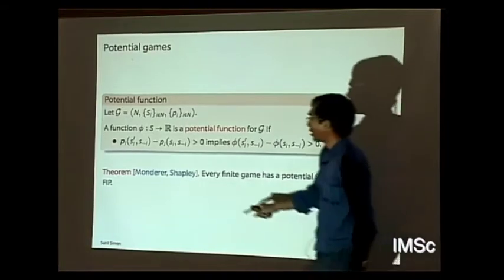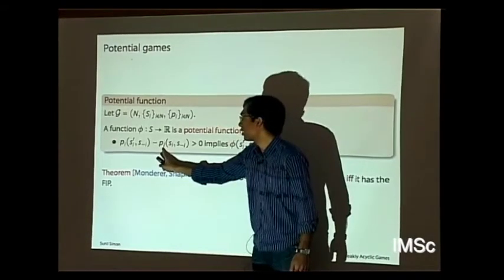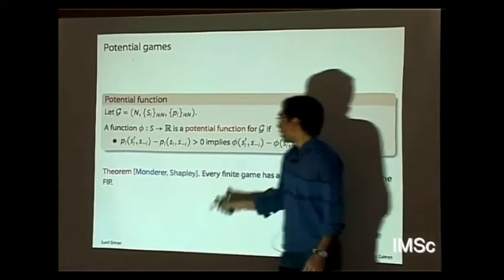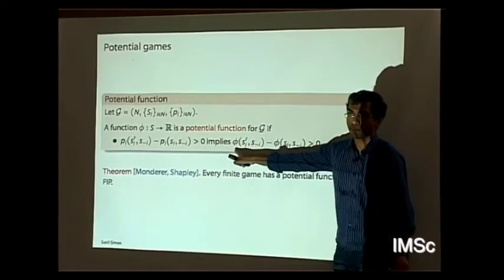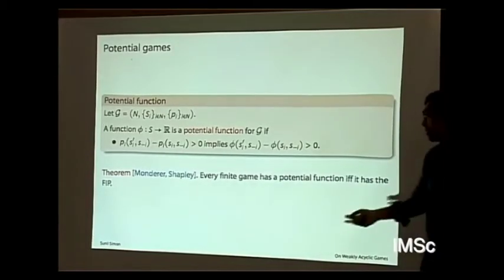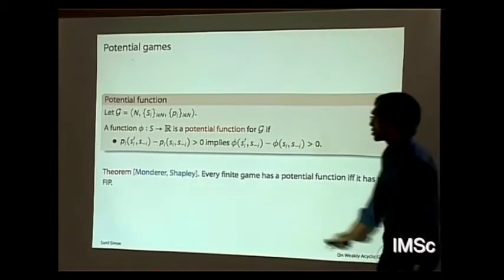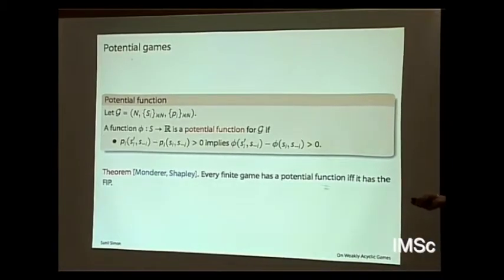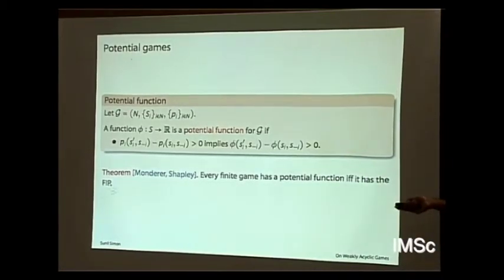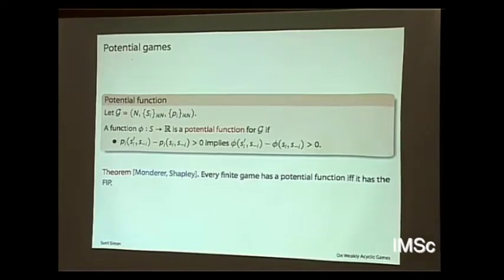Okay. So the important point here is the payoff is indexed by the player identity, whereas this is a global function. There's nothing to do with player identity here. Okay, and the result which was shown by Monderer and Shapley says that every finite game has a potential function if and only if it has the finite improvement property.